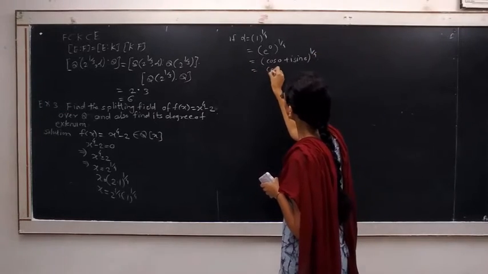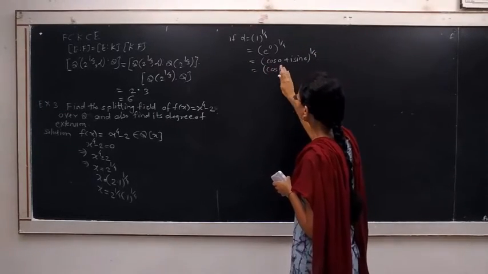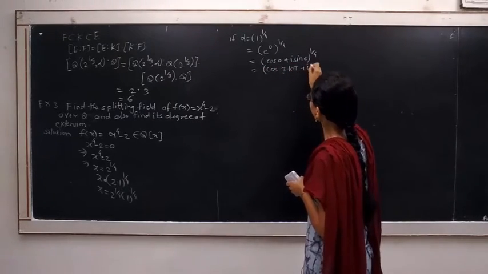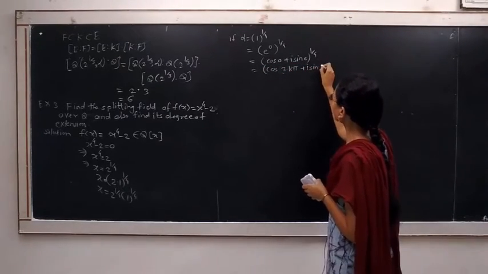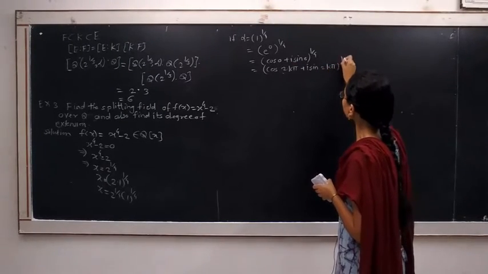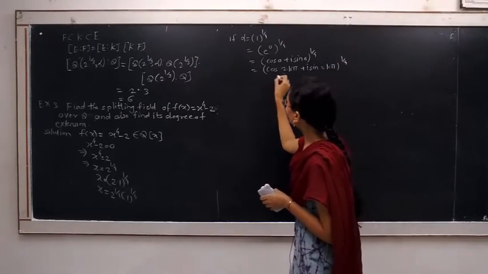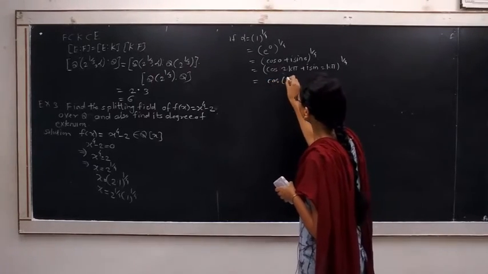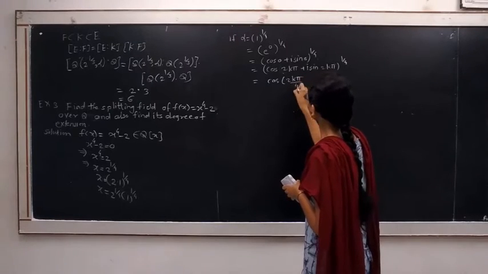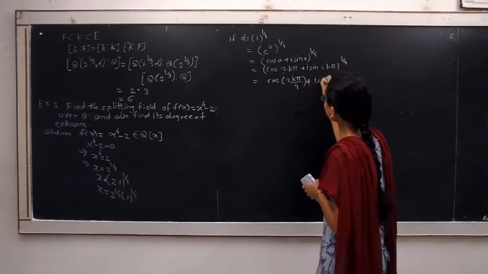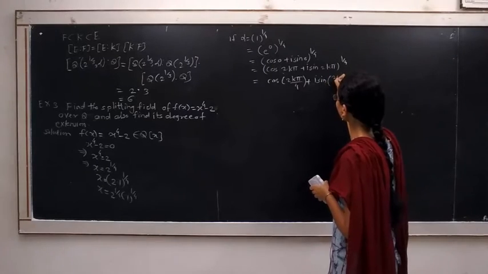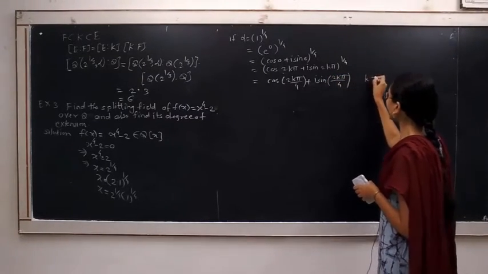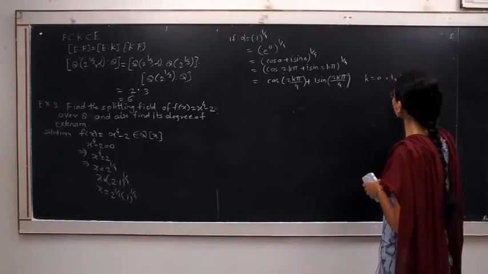This is equal to (cos(0 + 2kπ) + i sin(0 + 2kπ))^(1/4). By de Moivre's theorem, one of the values of this is cos(2kπ/4) + i sin(2kπ/4), and the values of k vary from 0, 1, 2, 3.